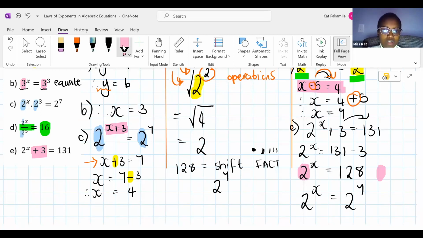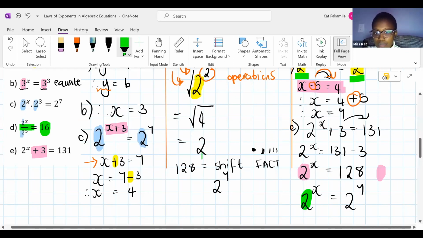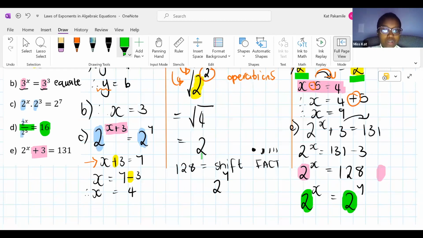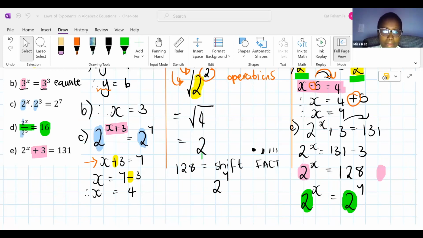What happens once we've achieved the same bases? We have a 2, we have a 2. What happens once we achieve the same bases? Let me know in the chat. Yes, Mpo. Anyone else?